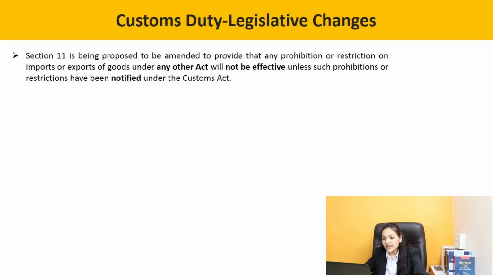Next, Section 11 is being proposed to be amended to provide that any prohibition or restriction on imports or exports of goods under any other act will not be effective unless such prohibition or restriction has been notified under the Customs Act. For example, there is a restriction on the importation of rice under the Foreign Trade Development and Regulation Act.